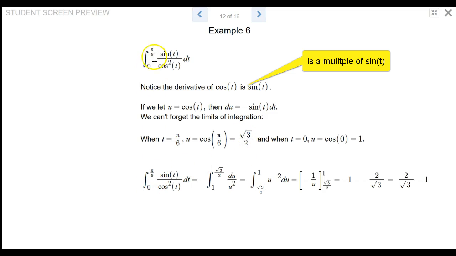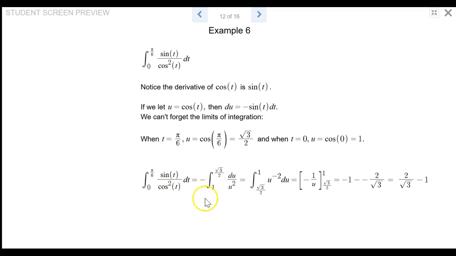So I'm going to replace this upper limit with square root of 3 over 2. And likewise, I'm going to take that lower limit and put that into my substitution. And the cosine of 0 is 1. So I'm going to replace the lower limit with 1. So here's my original definite integral.